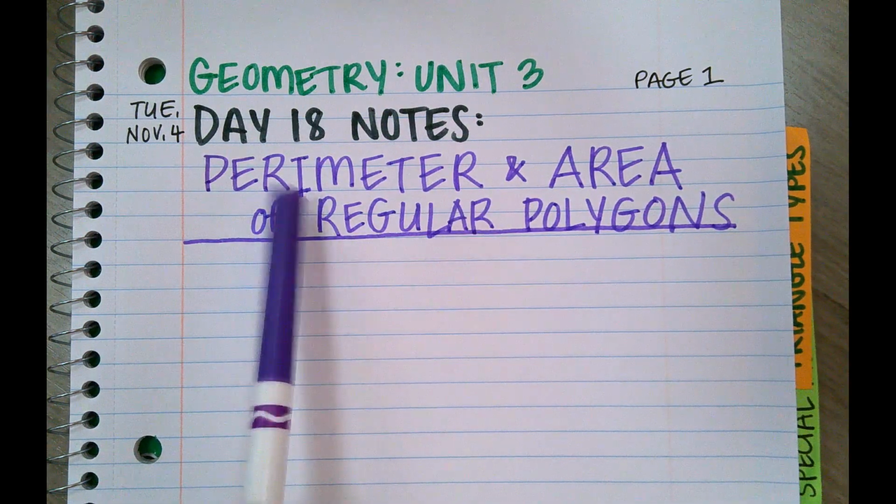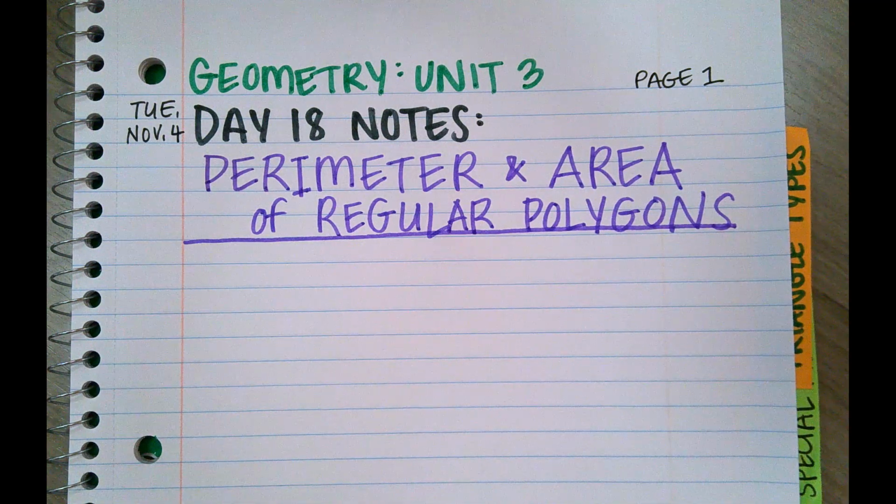Does anybody know what perimeter is? The area around. That's kind of a good way, halfway there, of explaining it. It is talking about what's around the shape. Perimeter measures a length.